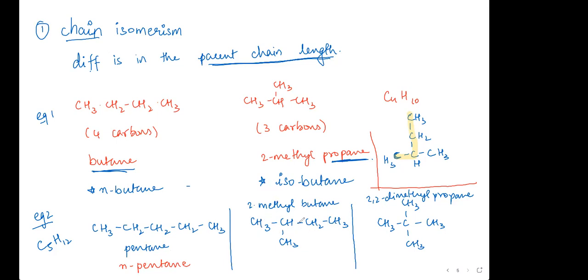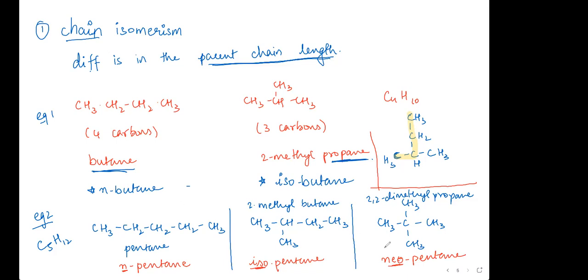Now this particular thing is called isopentane, and this is called neopentane. So these prefixes N, iso and neo are basically common names.